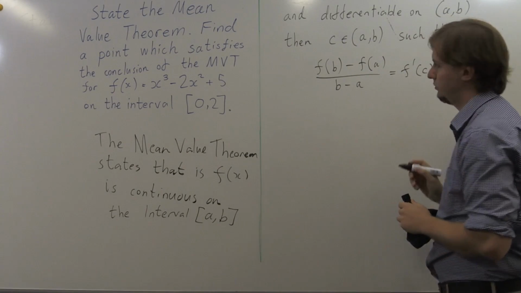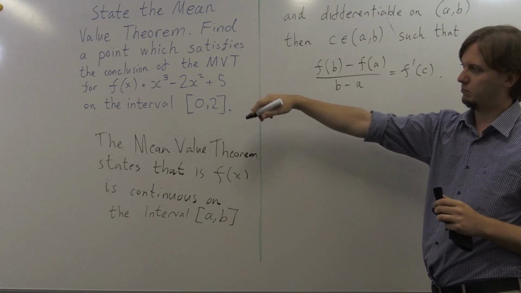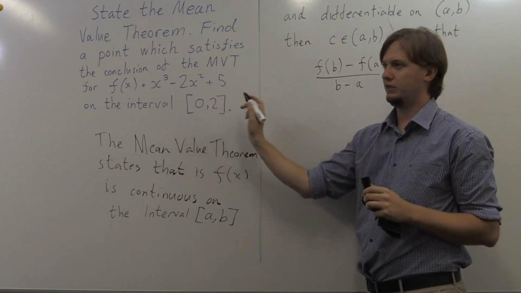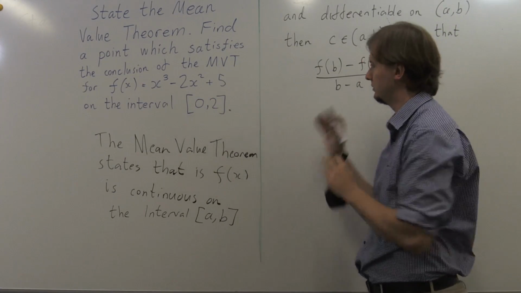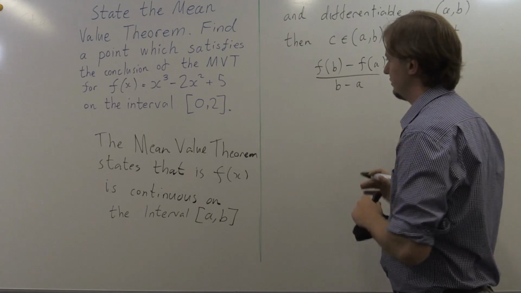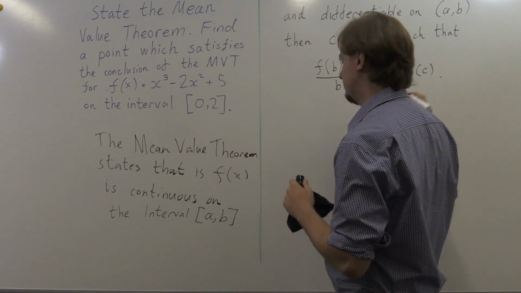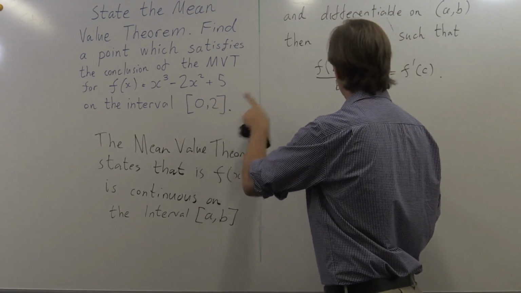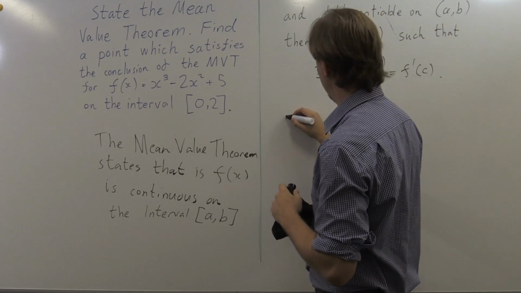So what we want to do is, for the function x cubed minus 2x squared plus 5 over the interval 0, 2, just find one of the points which is guaranteed by this theorem. Alright, so let's firstly calculate what f of b minus f of a over b minus a is.